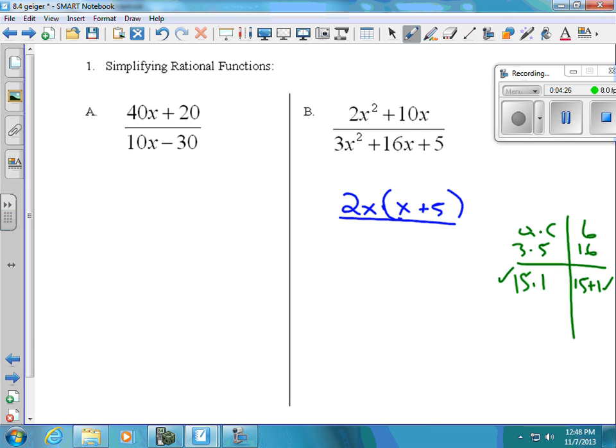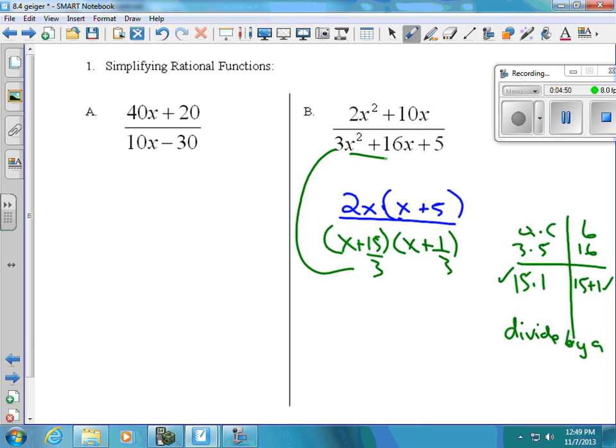So the bottom's going to factor out to x plus 15 and x plus 1. But if we FOIL that back through or use the table, we're not going to get 3x squared plus 16x plus 5. So we have to divide by a. Don't forget, divide by a when a is anything other than 1. So a is 3. Divide both of these by 3. That's where that's coming from.